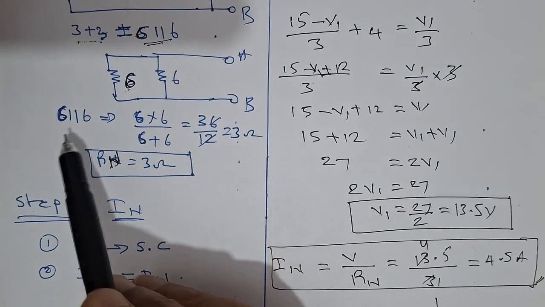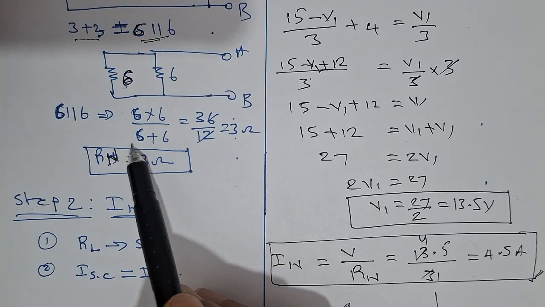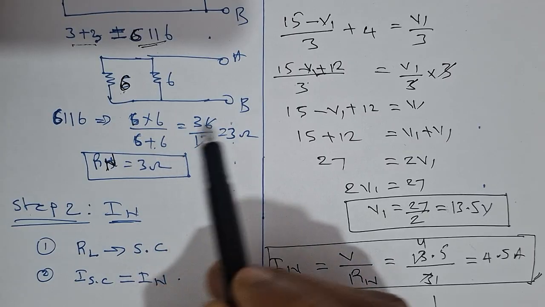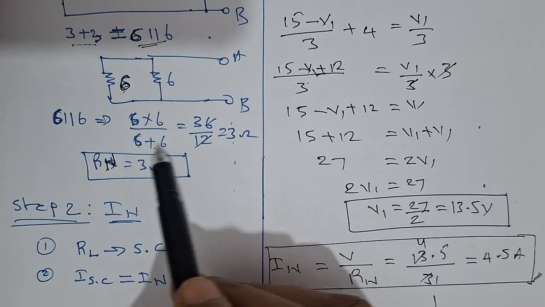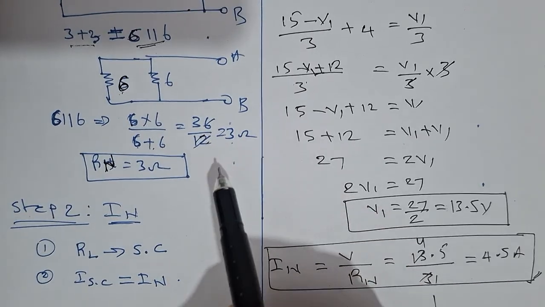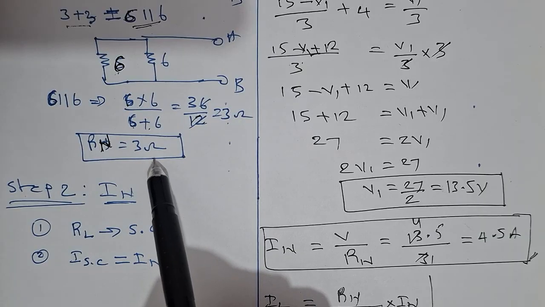So the equivalent resistance must be the product of those two resistances divided by the sum of those two resistances. Therefore 6 into 6 is 36, 6 plus 6 is 12. So 12 ones are 12, 12 threes are 36, so 3 ohms. So Norton resistance will be 3 ohms here.